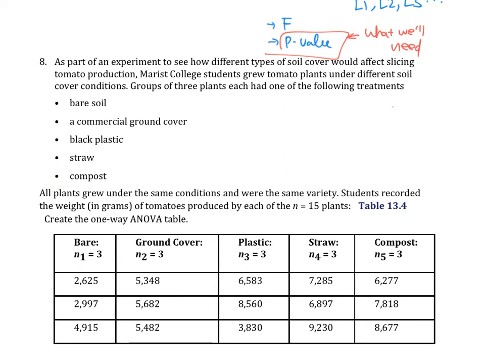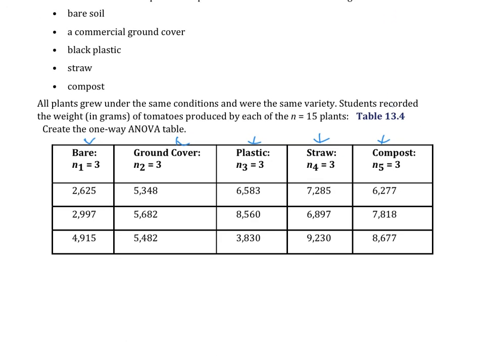So I can see there are 5 different treatments, which I can think of as 5 different populations. Basically I want to see if there's a difference between the different types of treatment or populations. The students recorded the weights in grams of tomatoes produced by each one of those 15 plants.